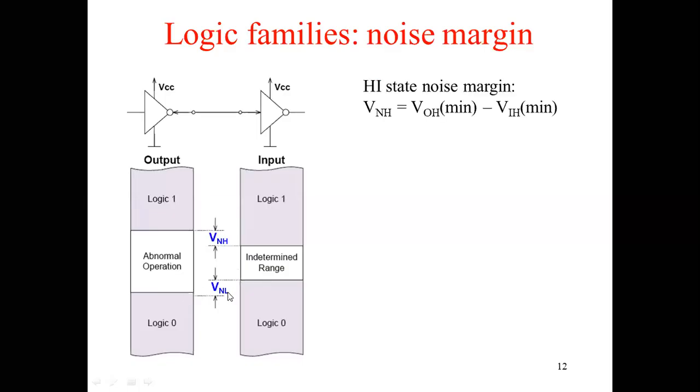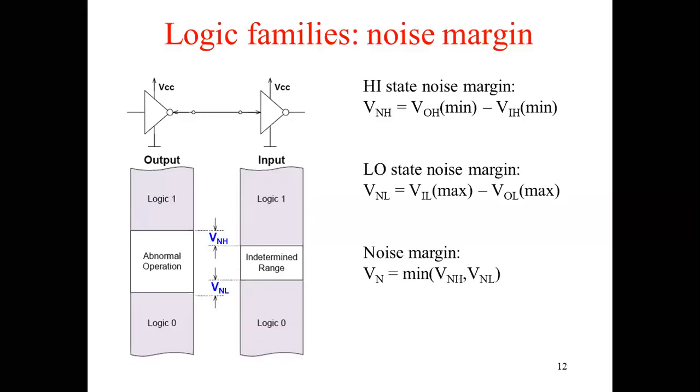So this is the noise margin. High noise margin VNH is VOH min minus VIH min. Noise margin low is VIL max minus VOL max, and we find the noise margin of the device as the minimum of VNH and VNL. So this is how we find the noise margin of a logic family.